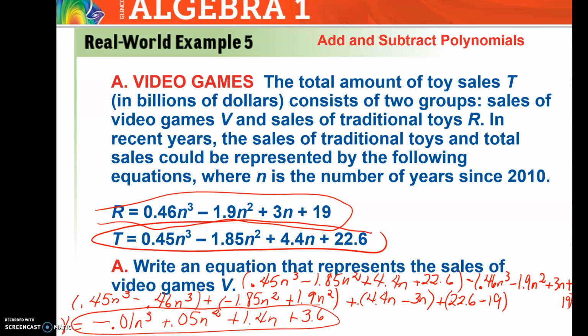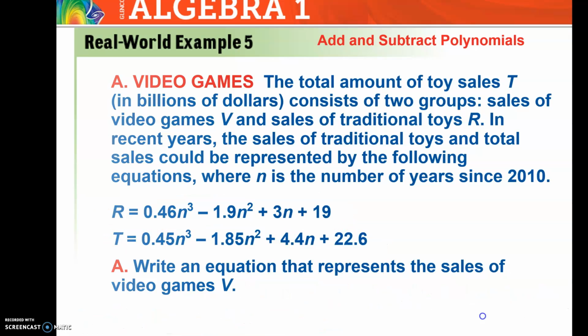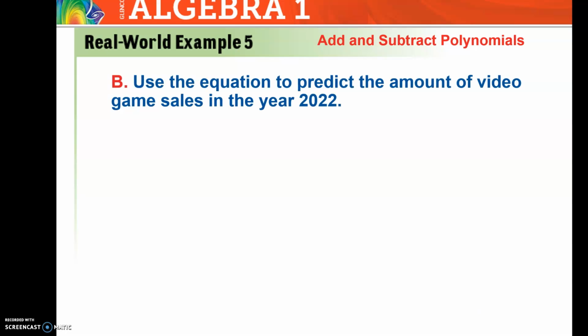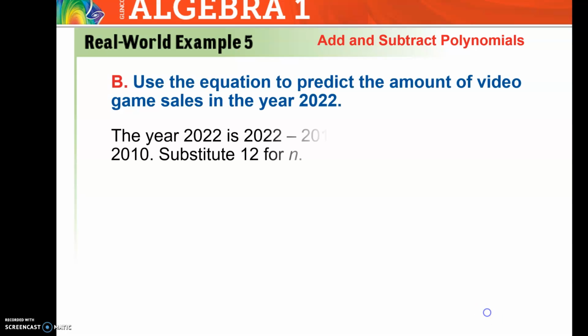And you can then use that equation to predict the video sales in this next problem in year 2022. 2022 would be 12 years after 2010, so this should say 12.